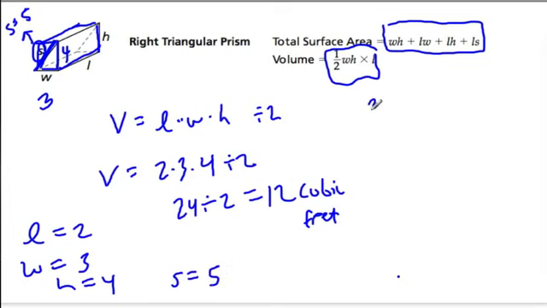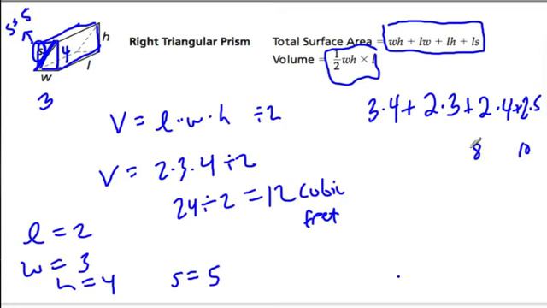And now we can just apply these numbers. WH means 3 times 4, or width times height, plus 2 times 3, because it's length times width, plus 2 times 4, length times height, plus 2 times 5. So it's 12 plus 6 plus 8 plus 10.